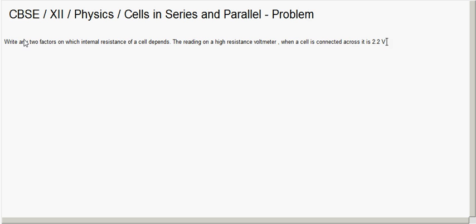When the terminals of the cell are also connected to a resistance of 5 ohm, as shown in the circuit, the voltmeter reading drops to 1.8 volt.